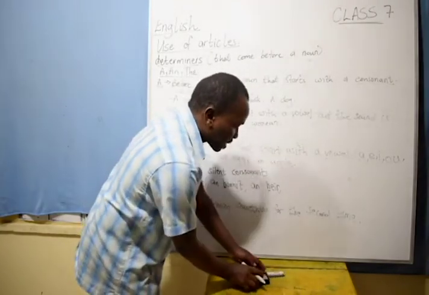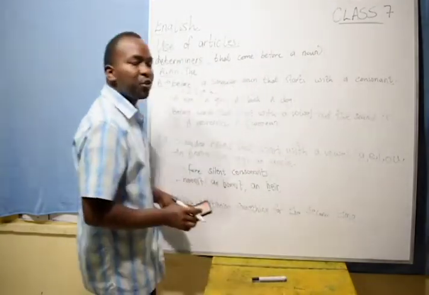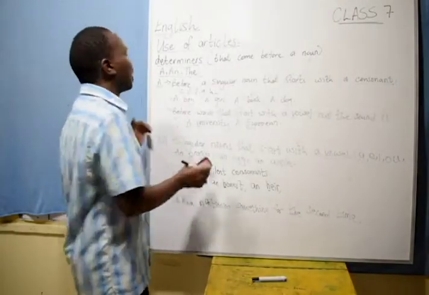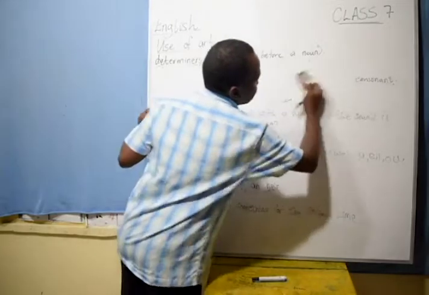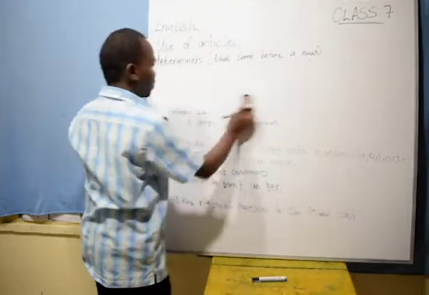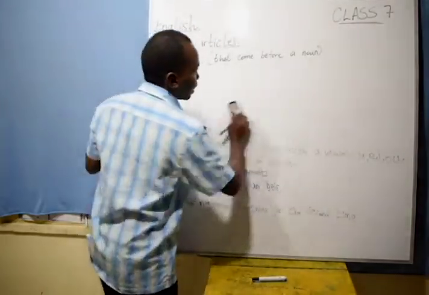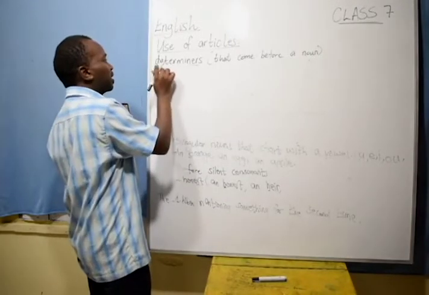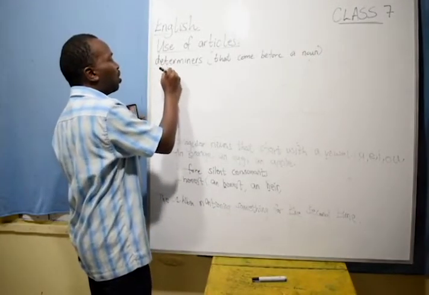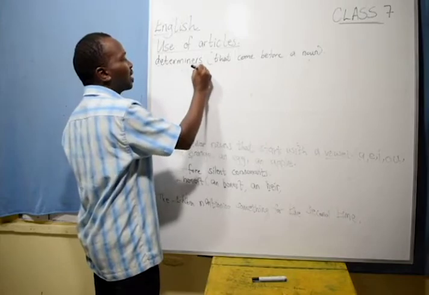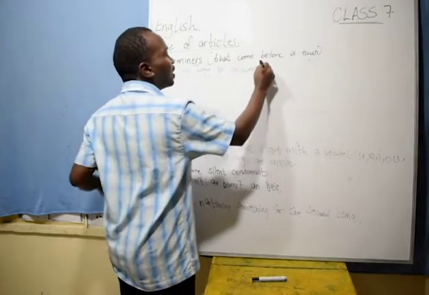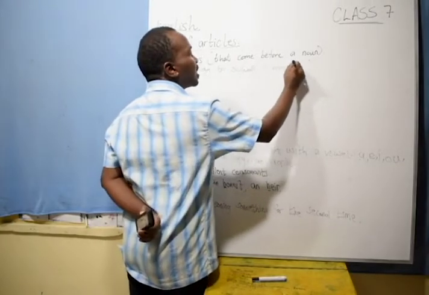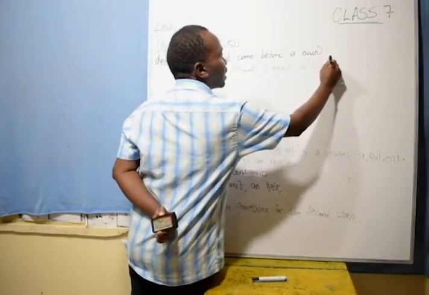For example, in the sentence that I am going to give you on the board: on my way to school, I met a stranger.